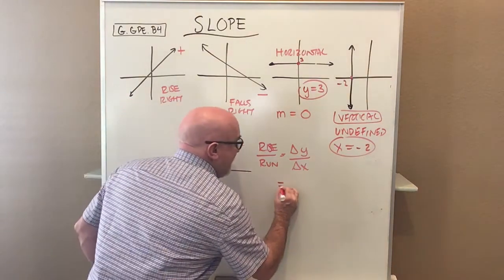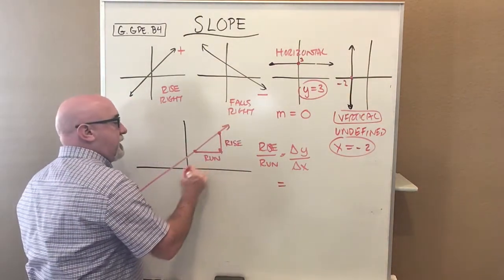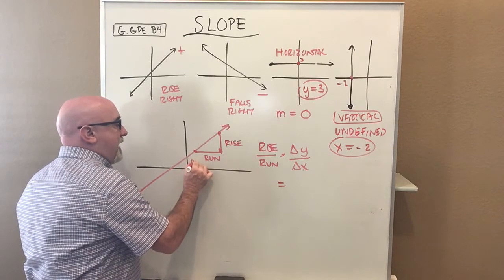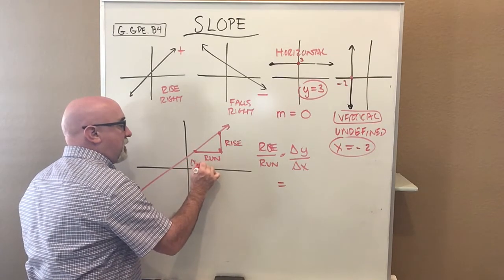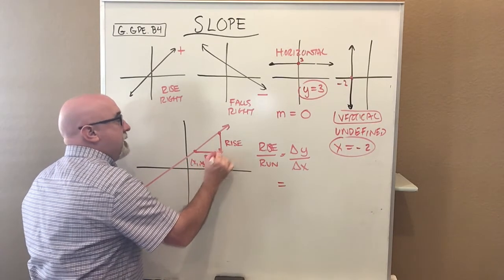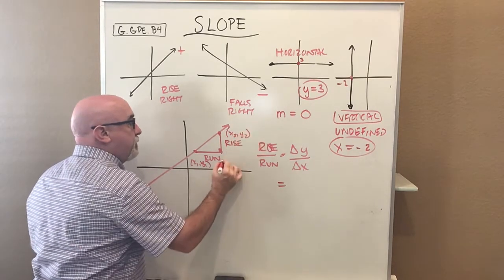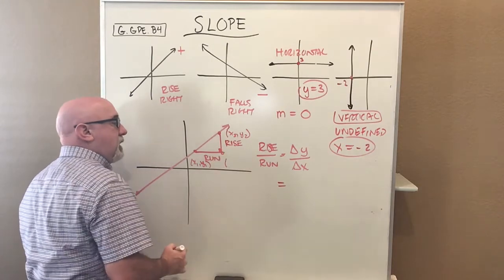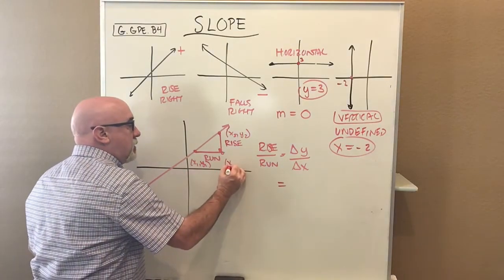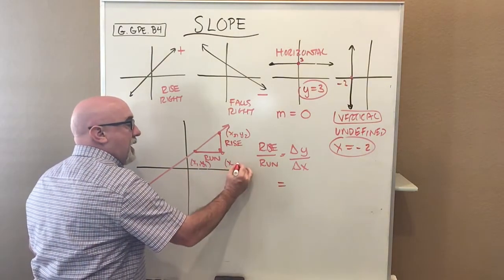And ultimately that formula becomes, if we put in some points here, this would be x1 and y1. This would be x2 and y2. This point right here, we'll grab this one, it would be x2 and it would be y1.